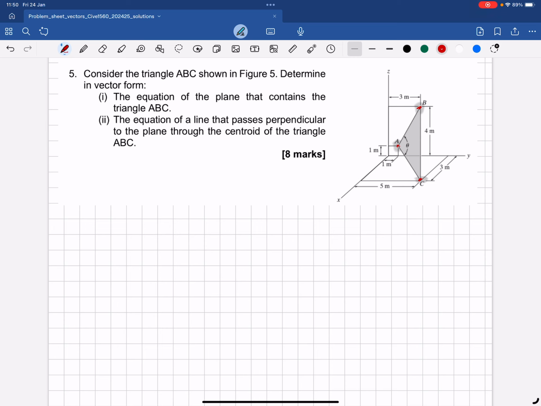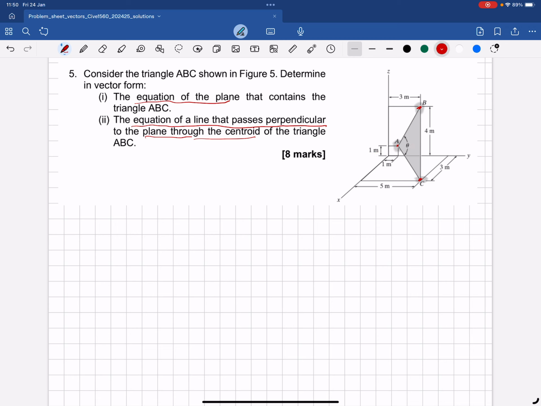That triangle is part of that plane, so we want to find the equation of that plane. And then we want to calculate the equation of a line that passes perpendicular to the plane through the centroid of the triangle. So there'll be some point here acting out. I want to find the equation of that line.